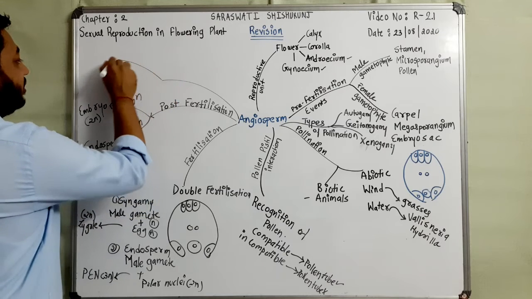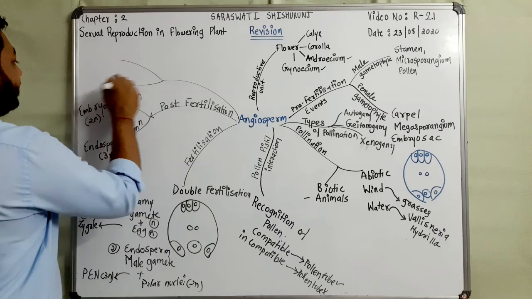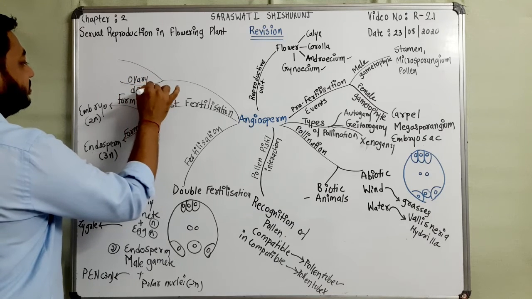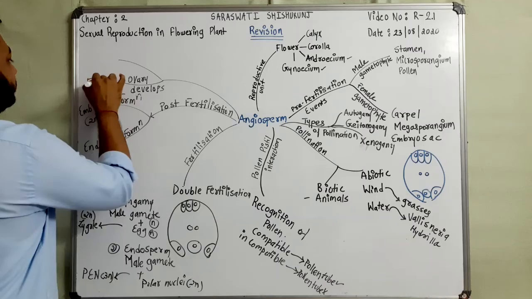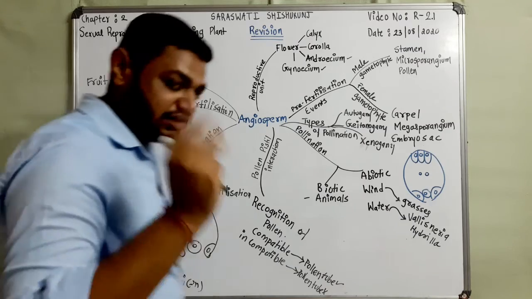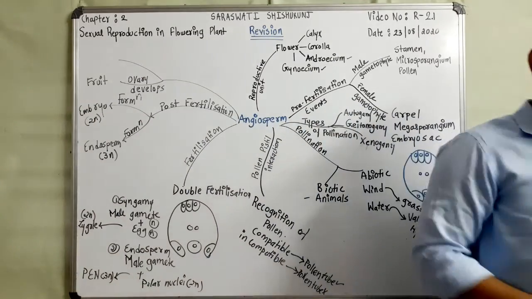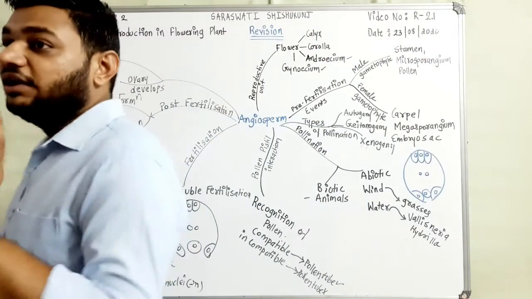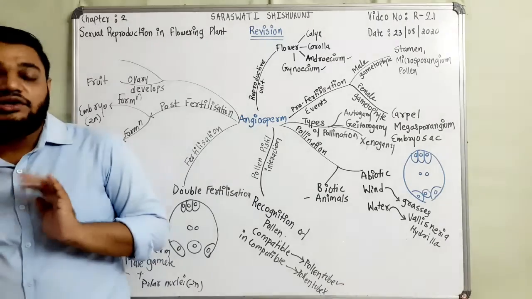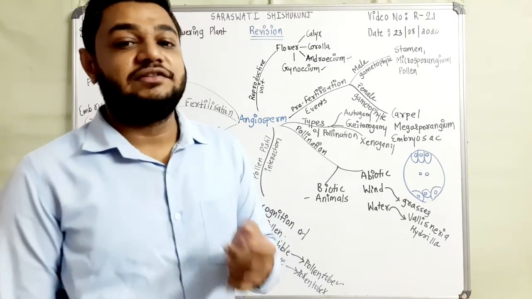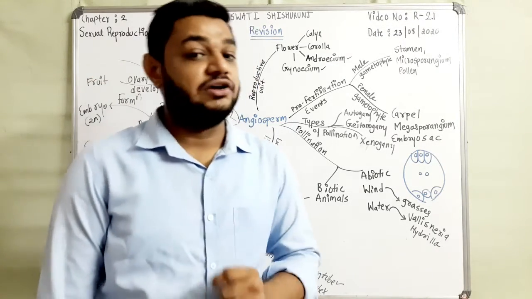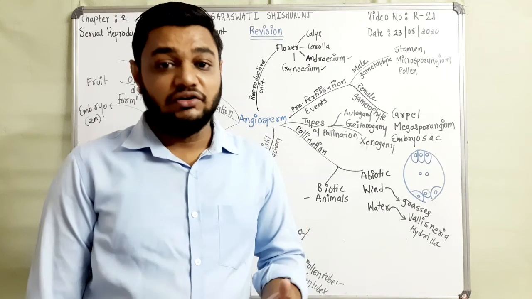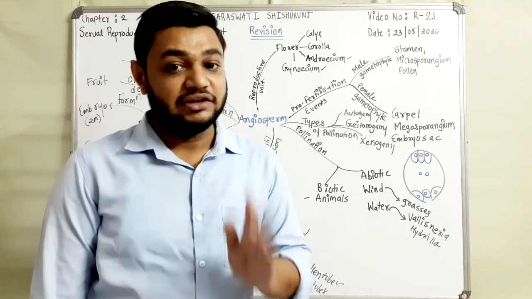After that, the ovary develops into fruit. Fruits are of three types. When a fruit is developed from a fertilized, ripened ovary, it is referred to as a true fruit. When it is developed without fertilization, it is referred to as a parthenocarpic fruit, as in seedless ones.